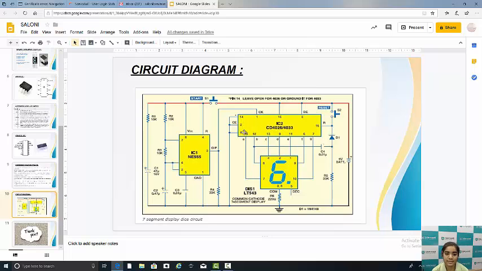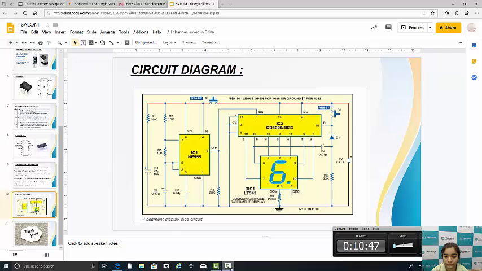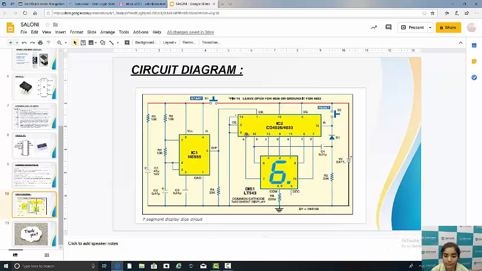In this circuit, I use the CD4033 IC. Now, this is the CD4033 IC. There are 16 pins. First, we connected the clock pulse, and for that we connected the output of the NE555.